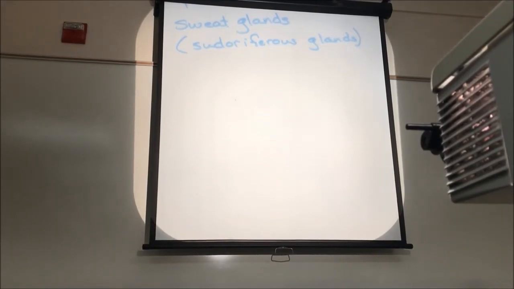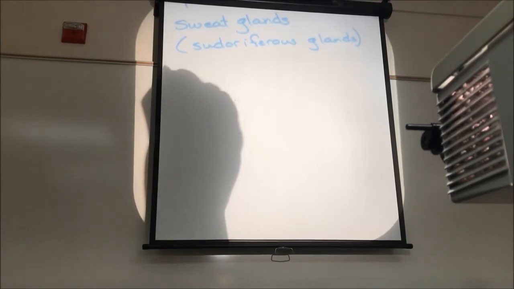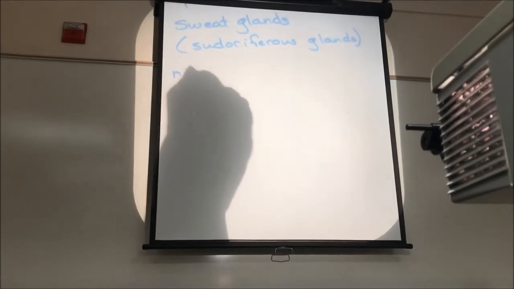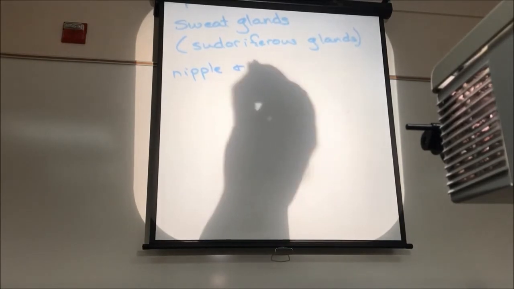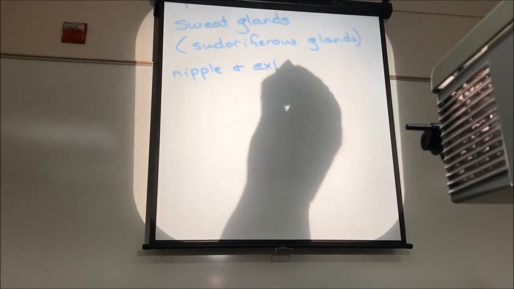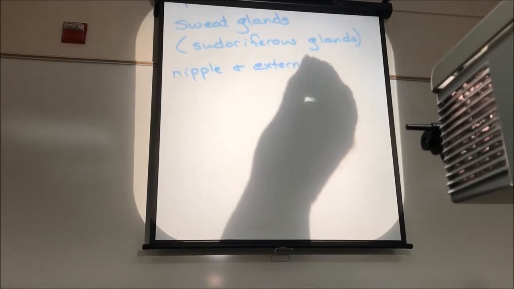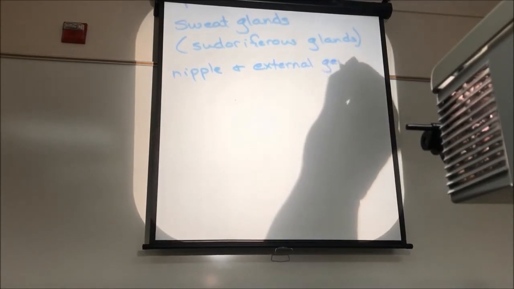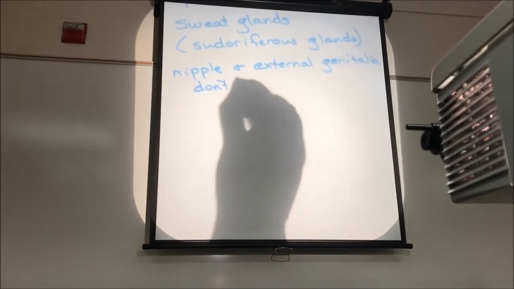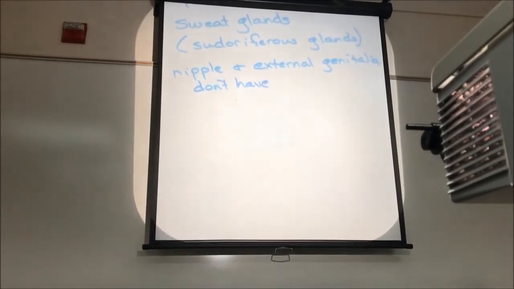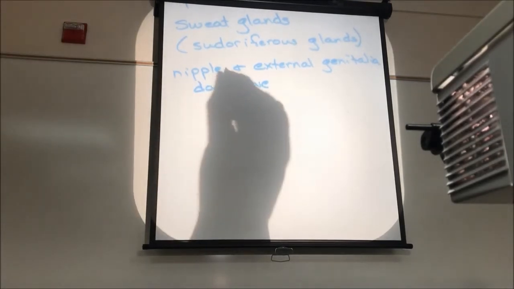These are distributed over most of the skin. We don't find any of these at the nipples and the external genitalia. So most areas of our skin have these sweat glands, except for the nipples and the external genitalia.